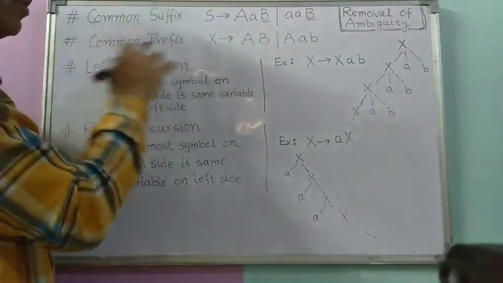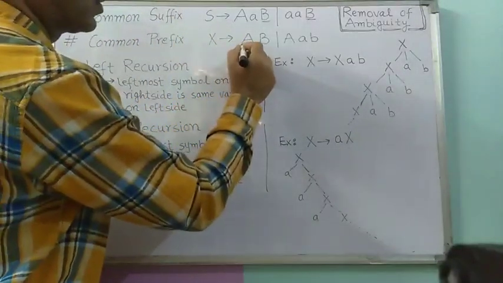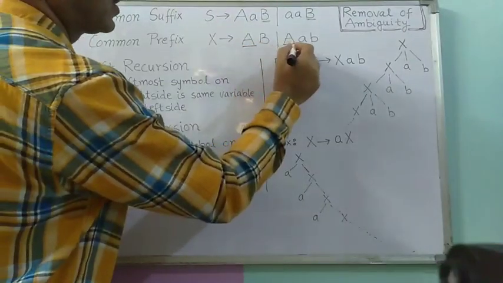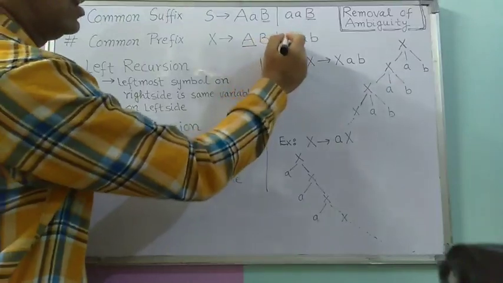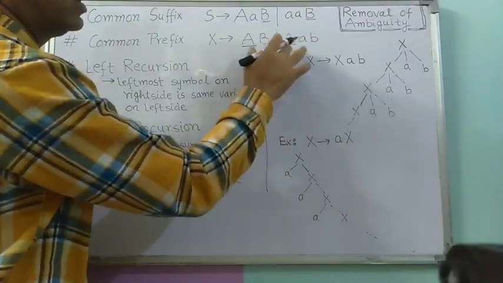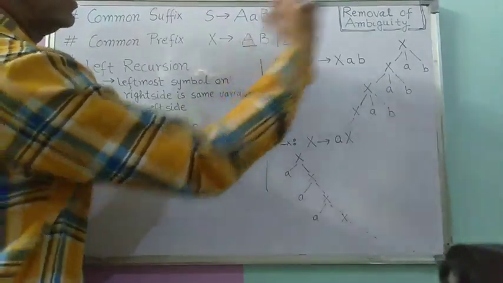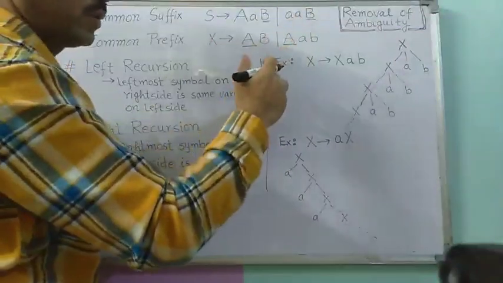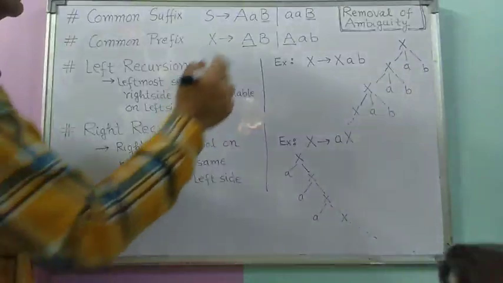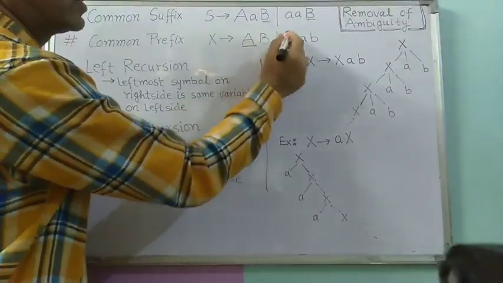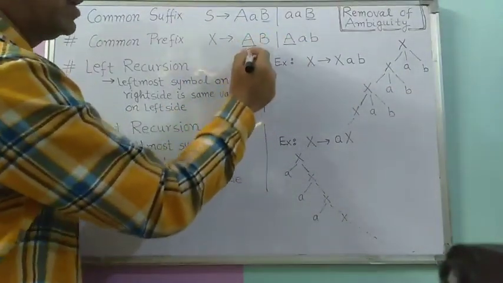Similarly, if we come to the common prefix, look at these two productions of the same variable, suppose X. The initial part is A. This is also A, this is also A. So this is a common prefix. The portion after the common prefix may be different, but the prefix is common. And it is not necessary that there will be only a single variable here. There may be multiple variables.